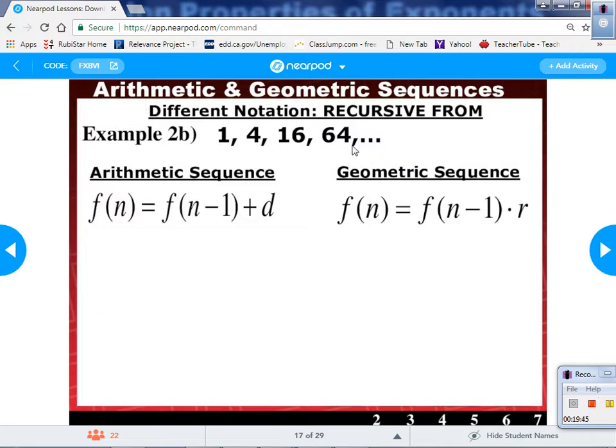Sixth term. Find me the sixth term. Okay, copy that. Sixth term for example 2B, and the pattern is 1, 4, 16, and 64.